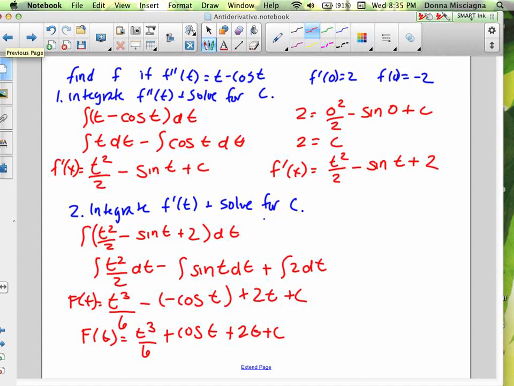So when x is 0, the function is equal to negative 2. So negative 2 equals 0 cubed divided by 6 plus cosine 0, and then plus 2 times 0 plus c. So we have negative 2 equals, well, we got 0.